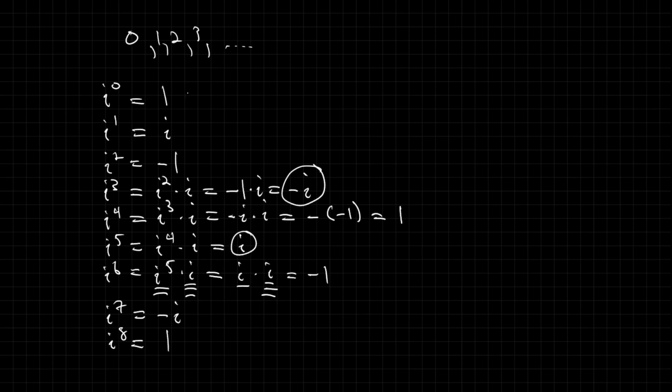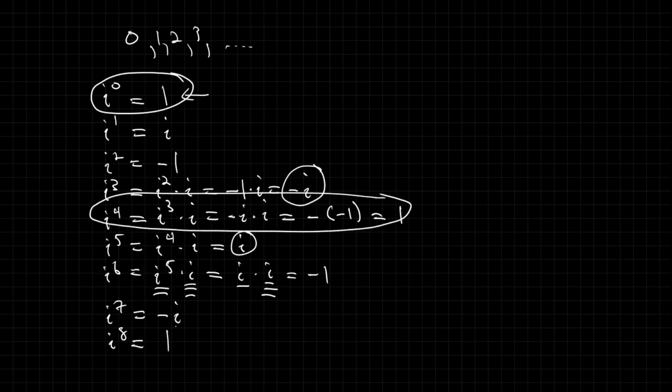So we see we have a pattern here. If we start at the top, we go 1, i, negative 1, negative i, 1, i, negative 1, negative i, 1. And what I'd like to notice is that i to the power of 4 times something gives me 1.